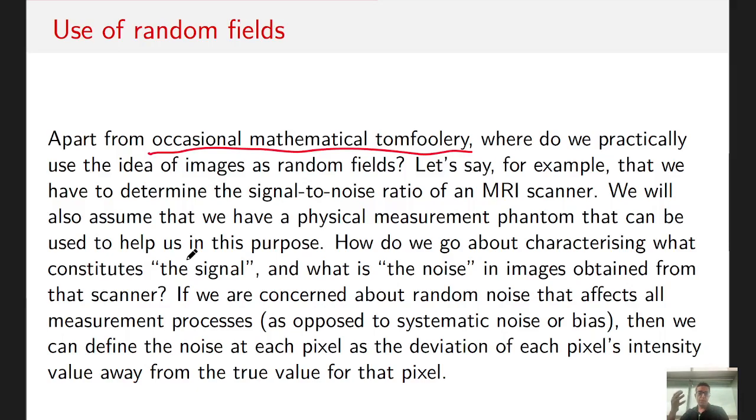So what you tend to find in most medical images is that there's a certain amount of measurement noise in every single image you acquire. Even if it's exactly the same patient in exactly the same position, taken a few seconds apart, you're going to have differences from one scan to the other, which are just due to random sources of noise.